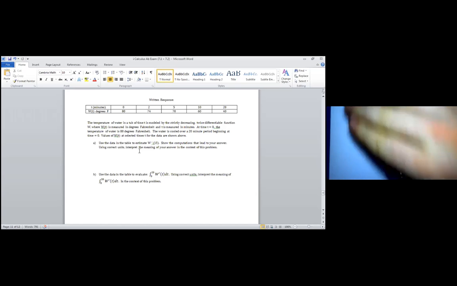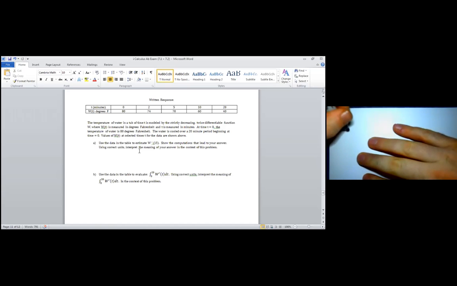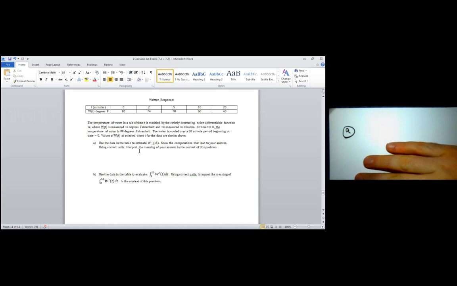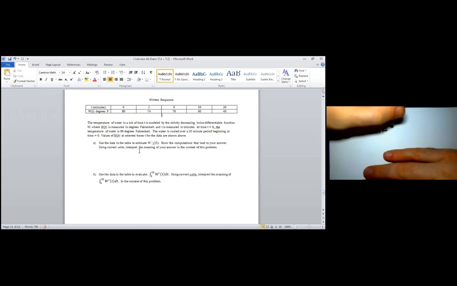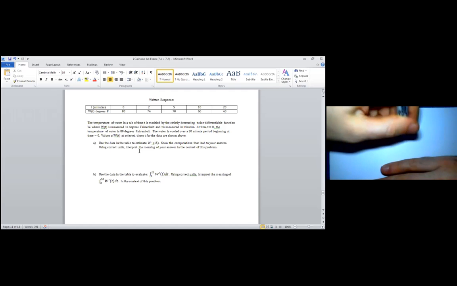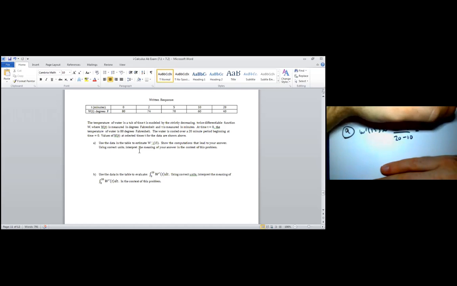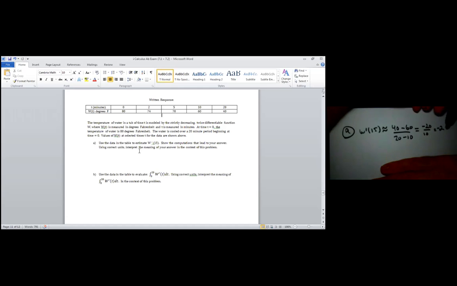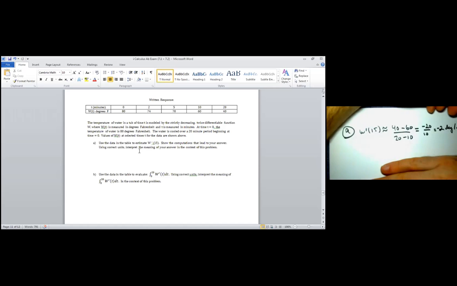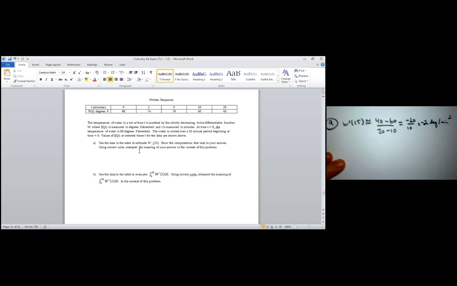It's the same thing we've done in every other part A. So W prime of 15 is approximately equal to (40 minus 60) over (20 minus 10), which equals negative 20 over 10, equals negative 2 degrees per minute squared. Any questions on A?